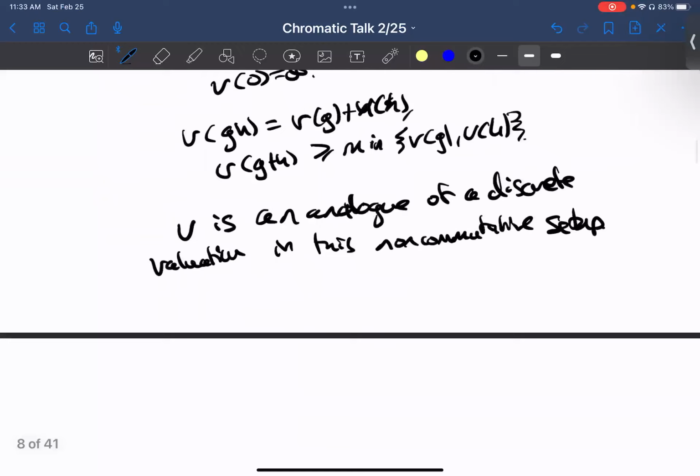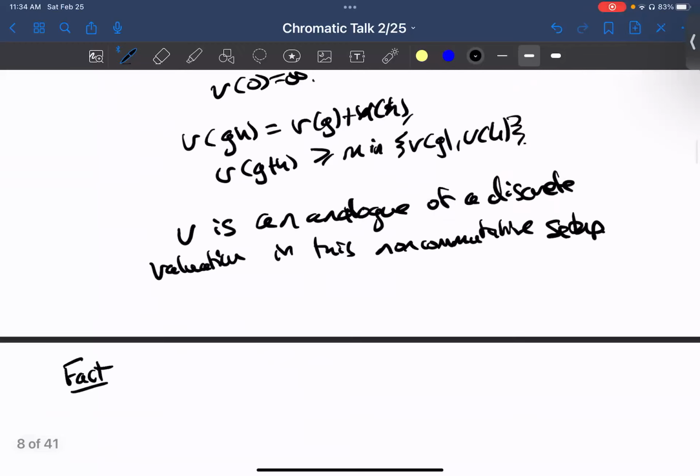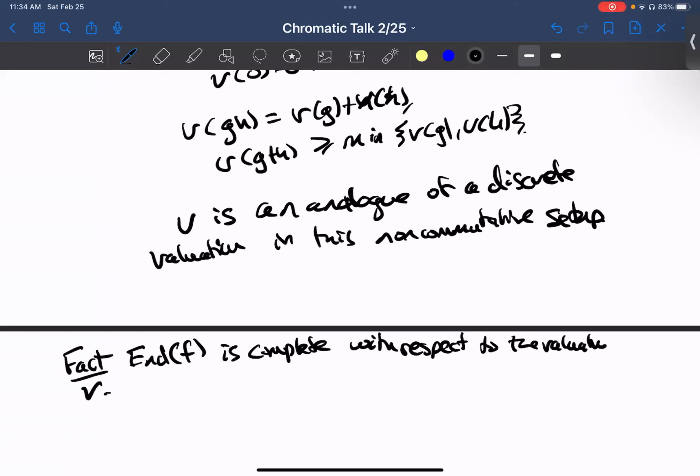Okay. And now as a fact, we have that this endomorphism ring of F is complete with respect to the valuation nu.